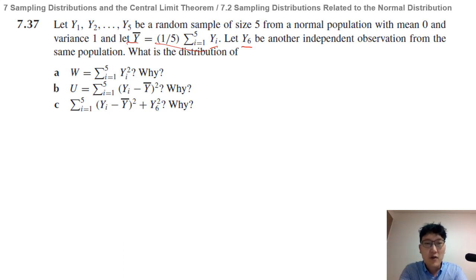Then the question is, what is the distribution of A, B, and C? The first one, W equals the sum from i equals 1 to 5 of yi square.